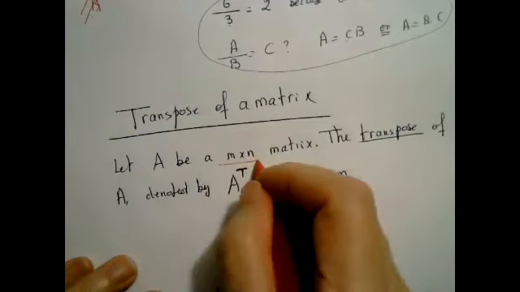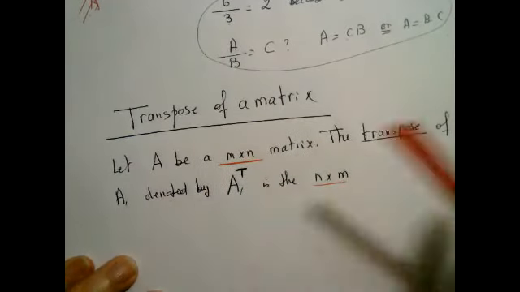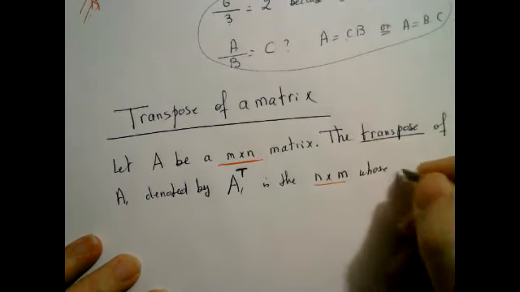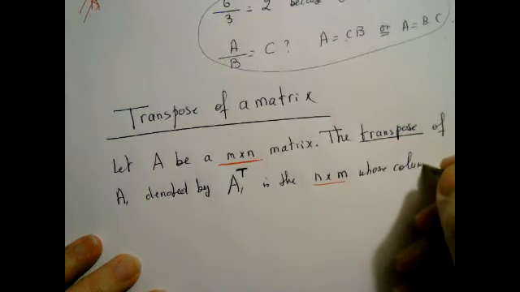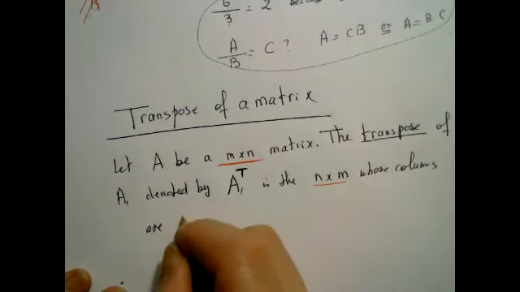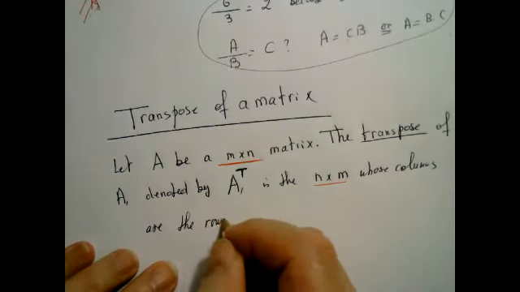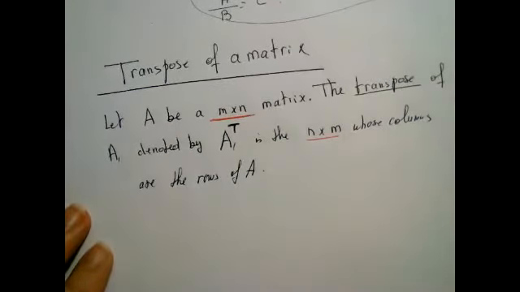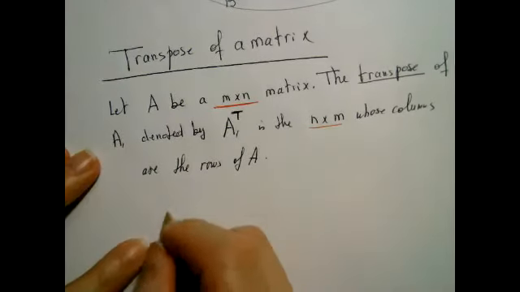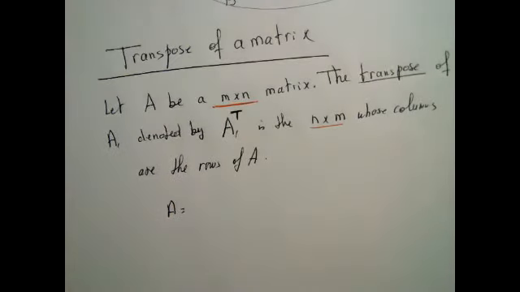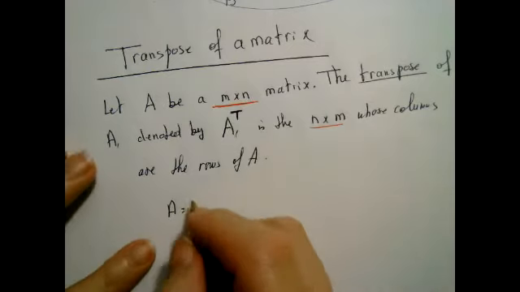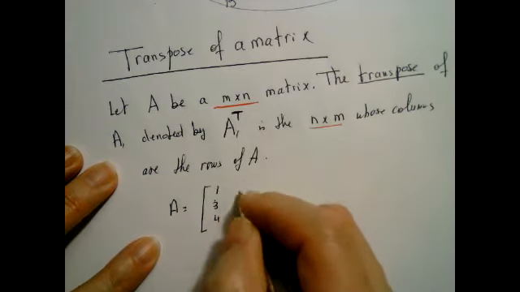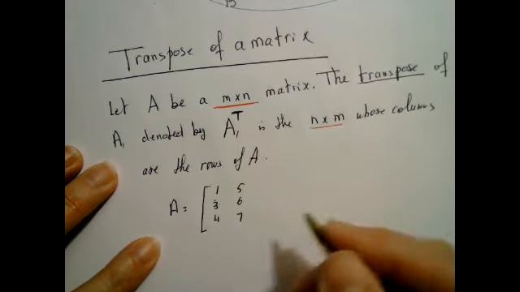So the original is M by N, and the transpose flips them, whose columns are the rows of A. So what am I talking about? What is A transpose? Suppose A is the following matrix: 1, 3, 4, 5, 6, 7.